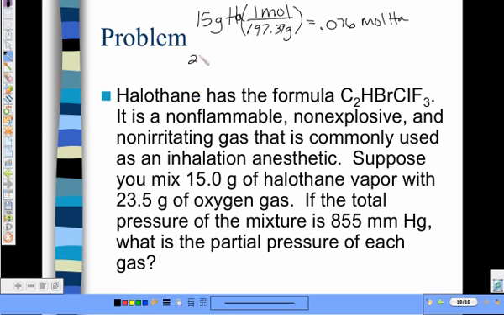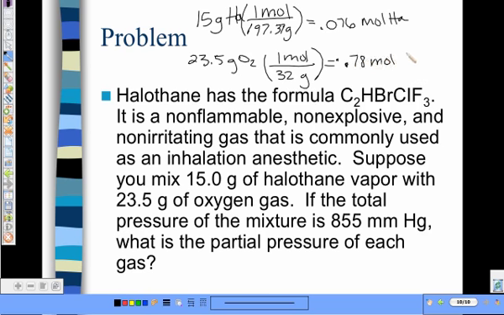0.076. Okay, 23.5 grams of O2. Remember, oxygen is O2, so our molar mass is 32, not 16. 7.8.